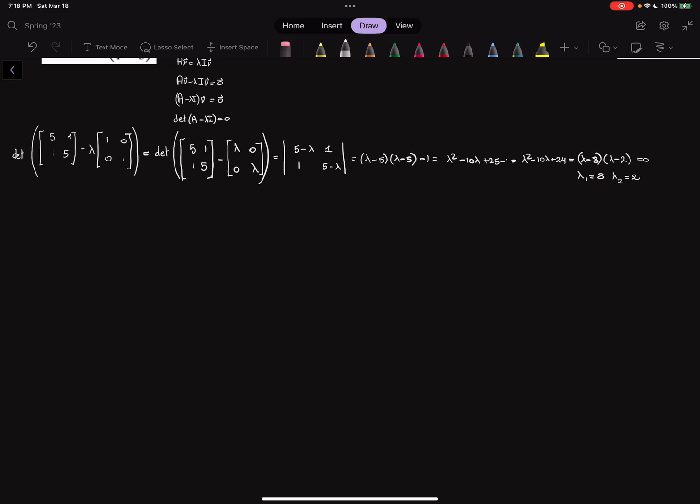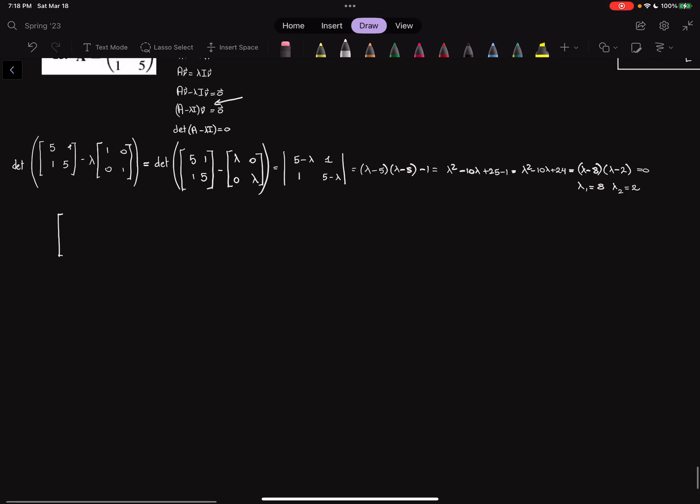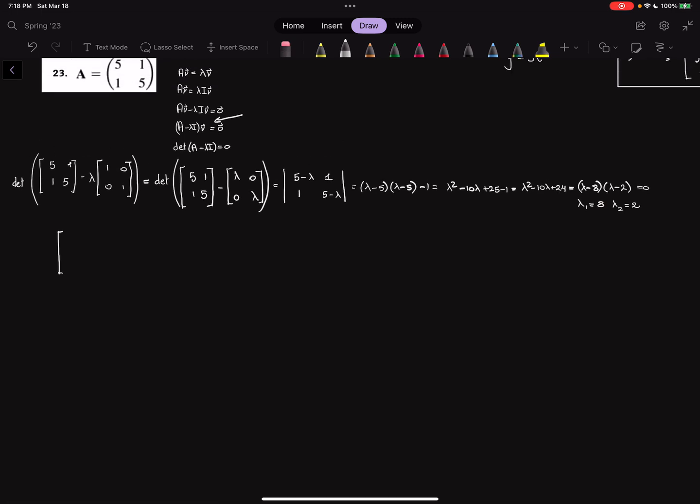Now, to find the eigenvectors, we plug the eigenvalue back here, and we solve for v. So, plugging back what that whole expression in parentheses was, for lambda 1, it was 5 minus 8, 1 and 1, and 5 minus 8.